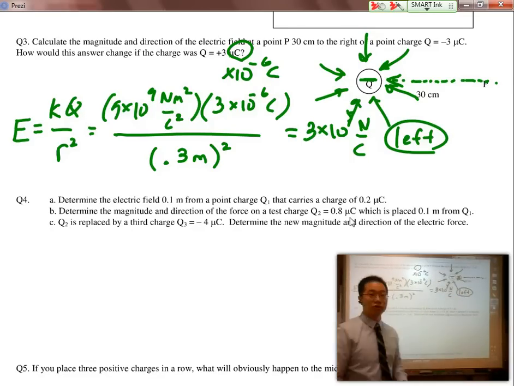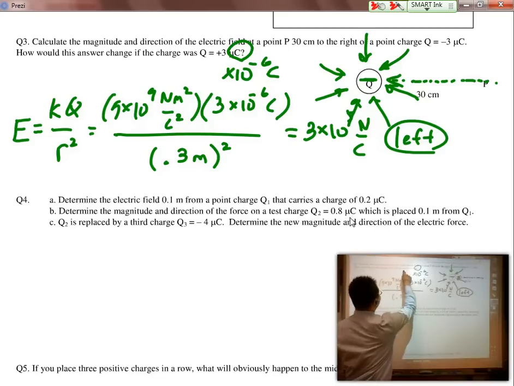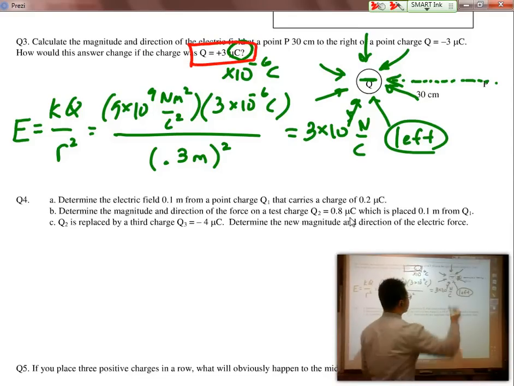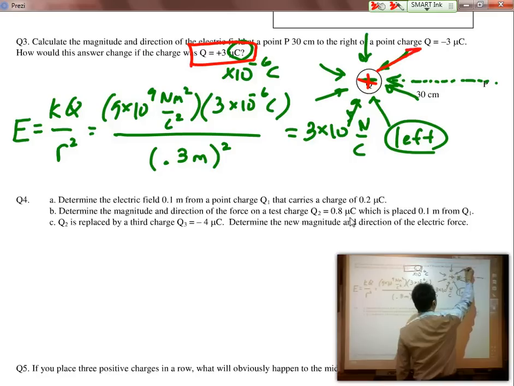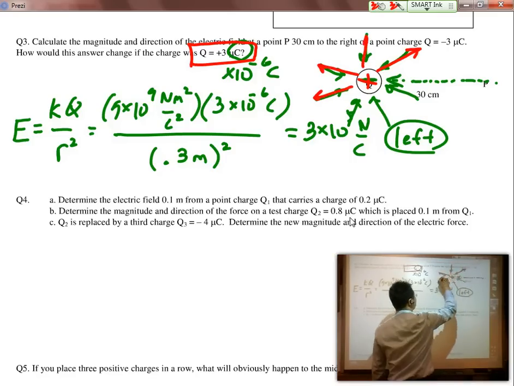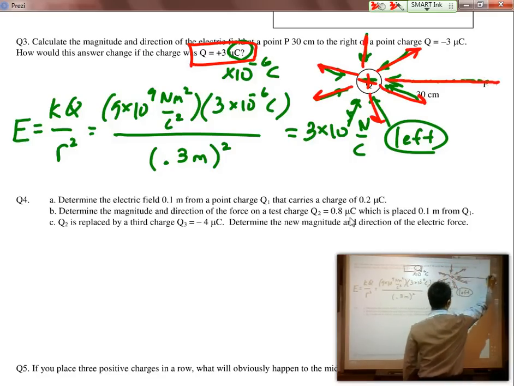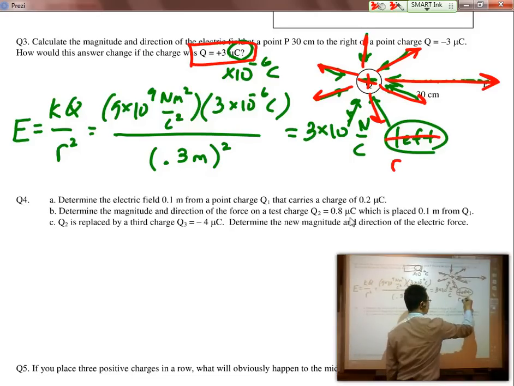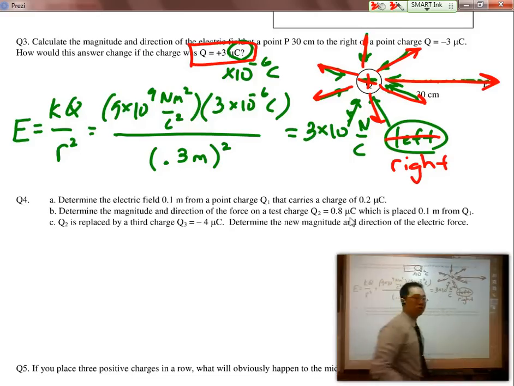If you were to flip the charge instead and have a charge of +3 microcoulombs, well, if it was to be positive, that means it would be going out of positive. So instead of going to the left, the answer would be to the right. Okay?